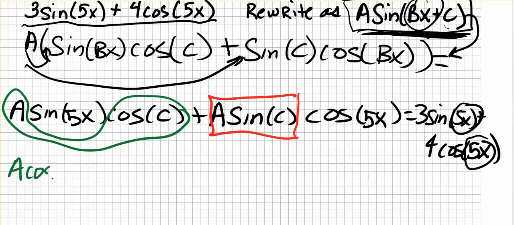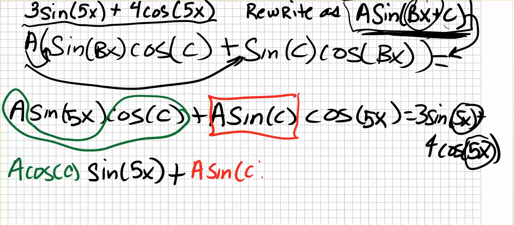A cosine of c times the sine of 5x plus a sine of c times the cosine of 5x.